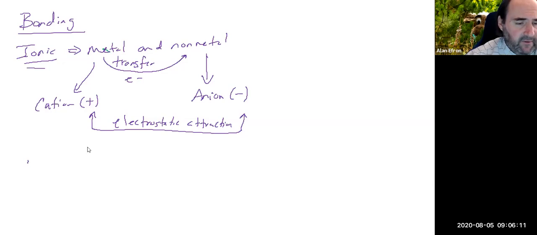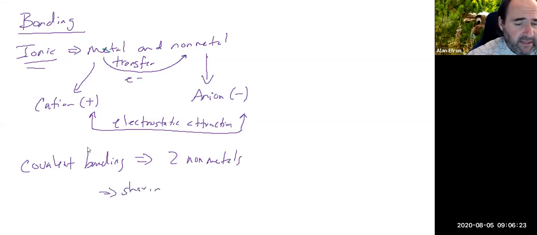And that's different than covalent bonding that we talked about. In covalent bonding, that is typically two nonmetals. And the difference here is we do have sharing of electrons. And in this case, the sharing of electrons may be equal, which means it's a nonpolar covalent bond.